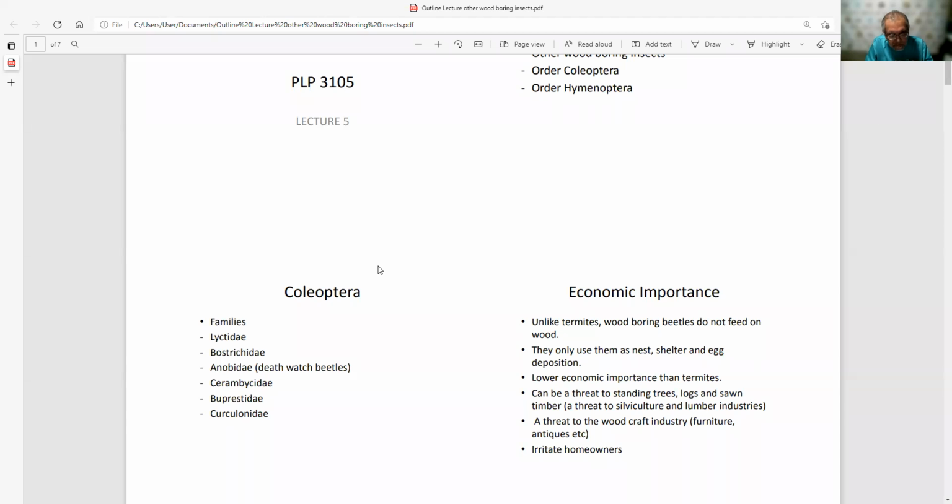There are about 360,000 described species, spesies yang telah dikenal pasti, yang telah di designate adalah 360,000 species, making it the largest insect order.